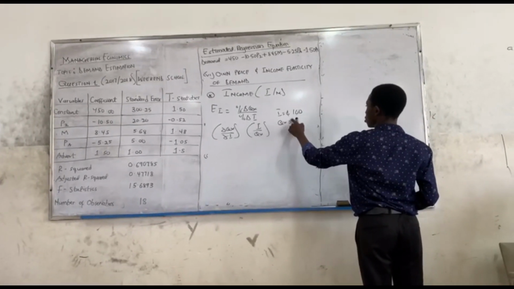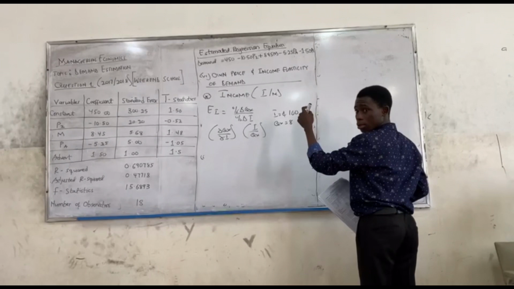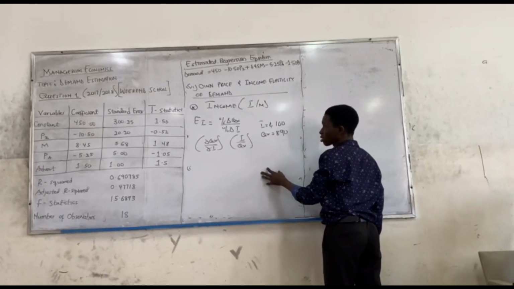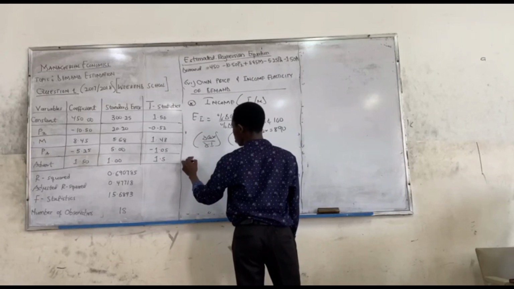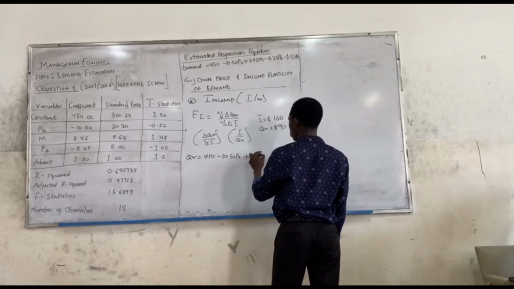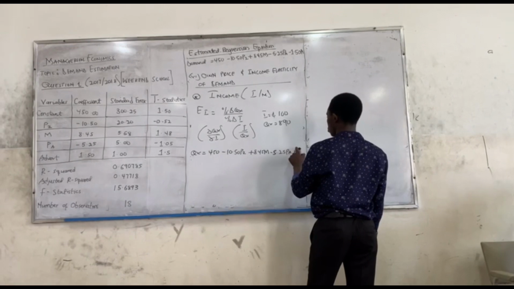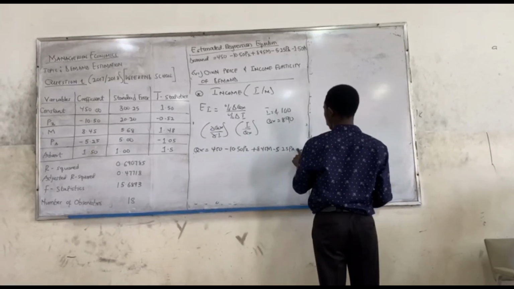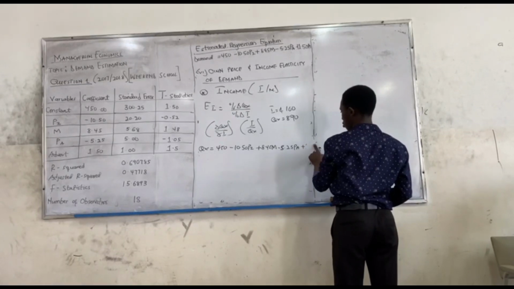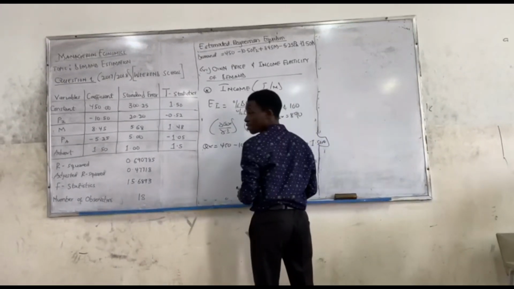QS is 890. So we are going to differentiate QS with respect to income.